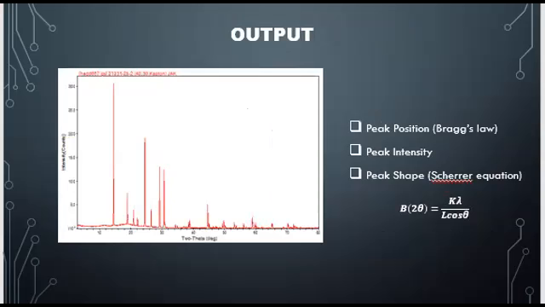For the output, the result for the XRD can be seen on a graph that plots intensity versus 2 theta. The peak position is 2 theta and depends on the instrument parameters such as the wavelength.